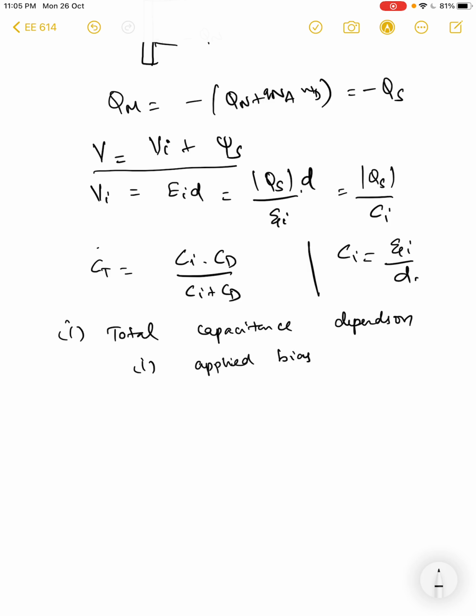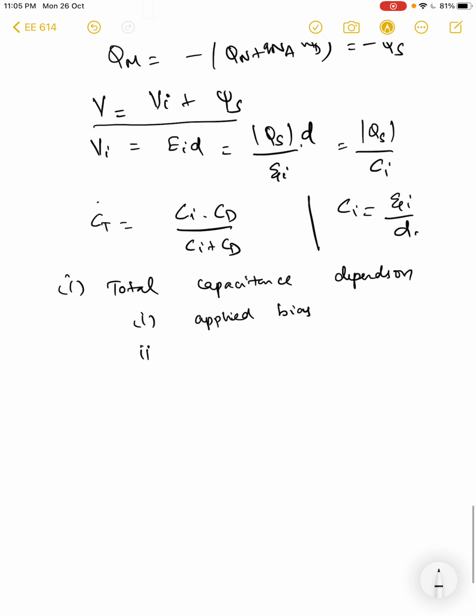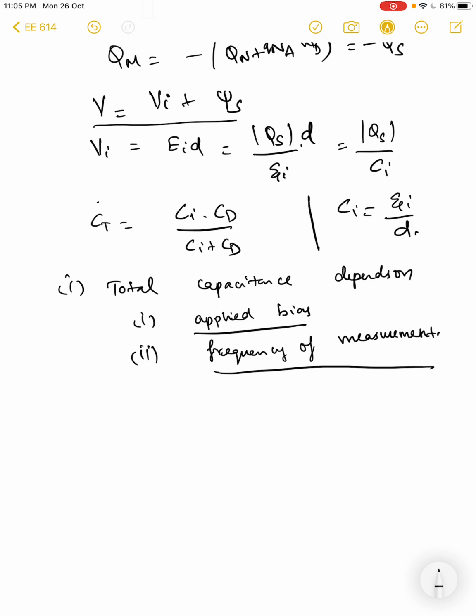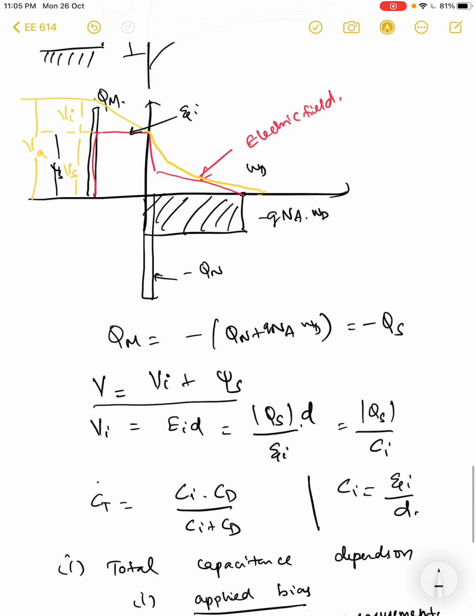Because it changes the depletion capacitance. Two, it also has to do with the frequency of measurement. We will see this particular aspect very soon as to why it depends upon the frequency of measurement. Regarding the applied bias, it's easy to see that if I increase the applied V, it will obviously increase the surface potential psi s, and if it increases the surface potential psi s, you can see that it changes the depletion width, right?